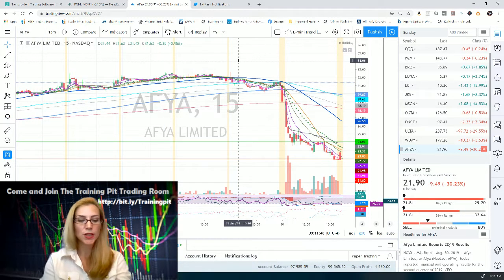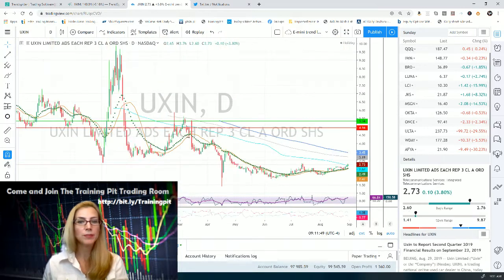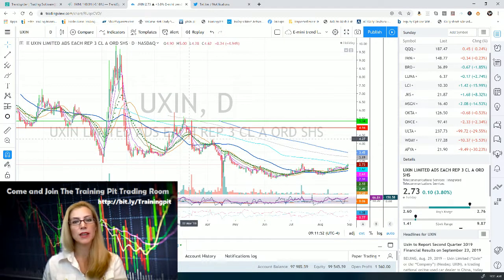And then two potential longer term swings. UXIN. So you can see UXIN seems to have found a bottom down here around 1.85, and then it seemed to find another support level at 2.07, and it's just slowly curling up here, you know.